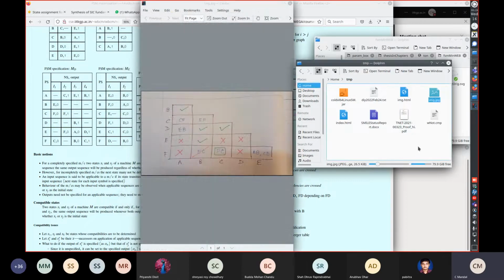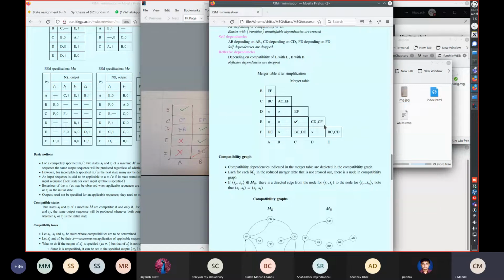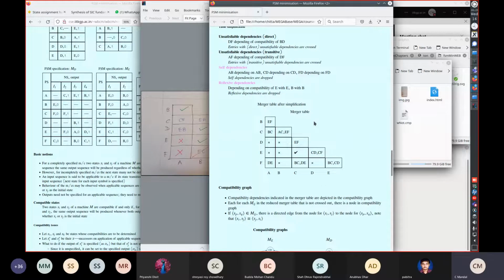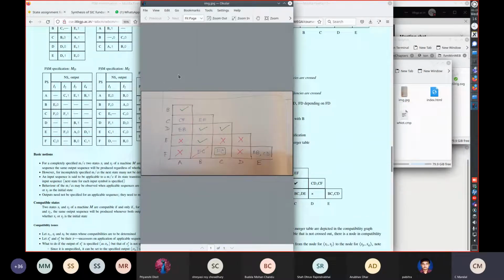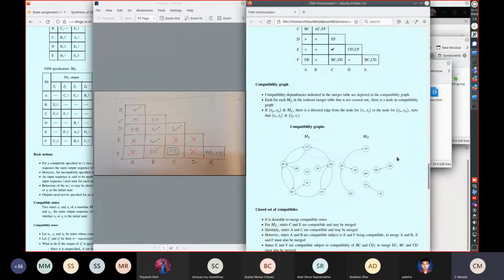So you can construct the compatibility graph. Why don't you construct the compatibility graph? Actually, the compatibility graph is shown here. So let us go with that.